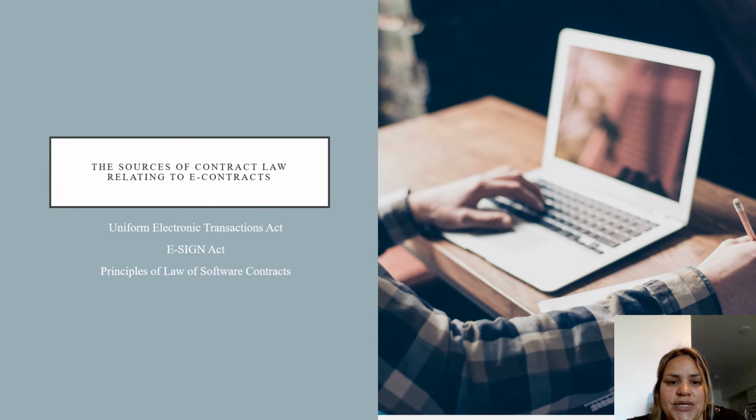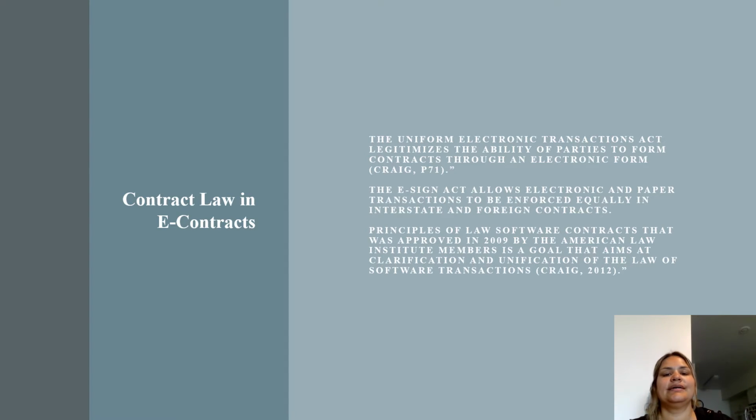The sources of contract law relating to e-contracts are the Uniform Electronic Transactions Act, the E-Sign Act, and the Principles of the Law of Software Contracts. The contract law in e-contracts: the Uniform Electronic Transactions Act legitimizes the ability of parties to form contracts in electronic form.